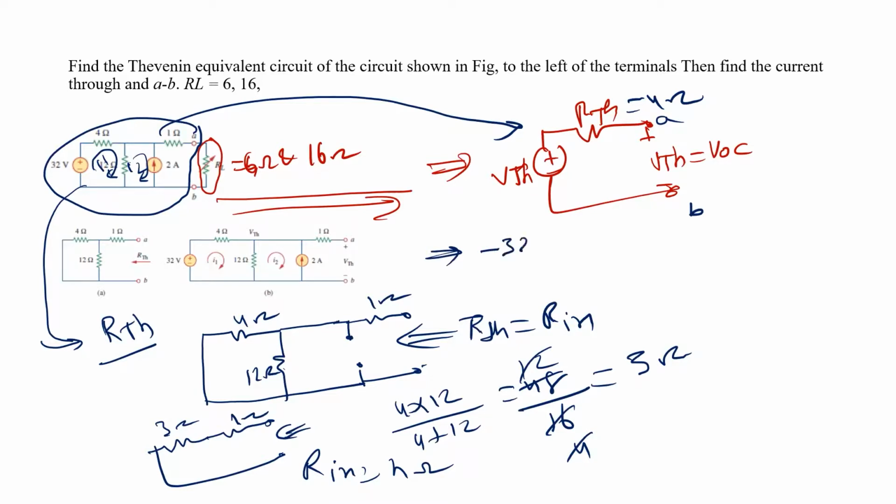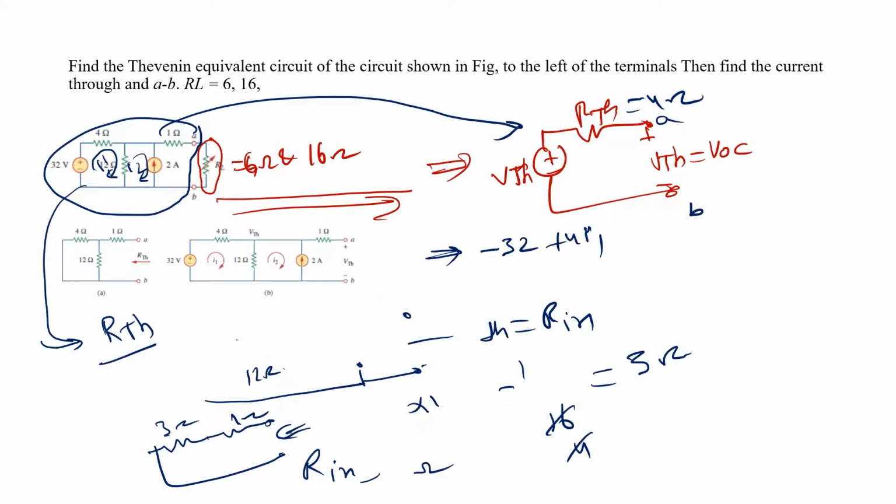You get minus 32 plus 4I1. I am going to write in the red pen. Or I can erase it and it will be easy to solve here.